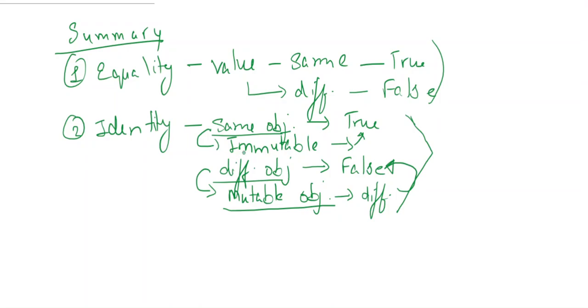Here also, we just look at whether this is an immutable object being referred to by both the variables, then it is the same object, the same copy that they will refer to, and it will return true. And if it is a mutable object, then it may vary. Python will create two different copies just to avoid any conflict, and it will return false.